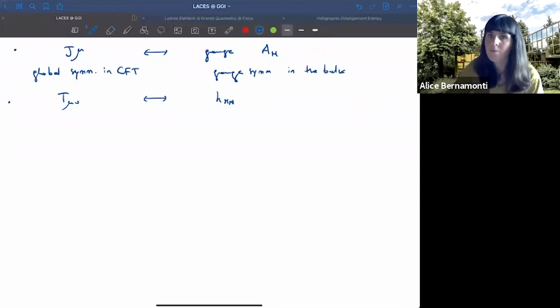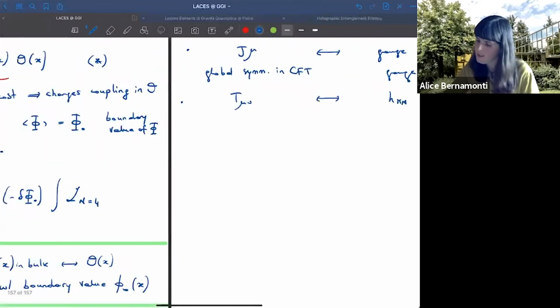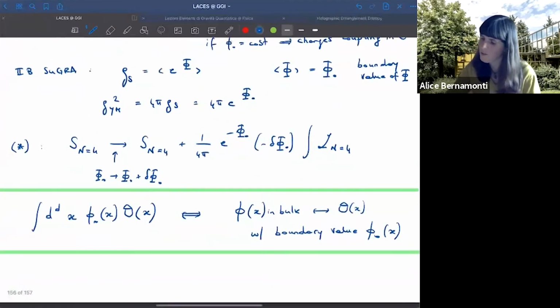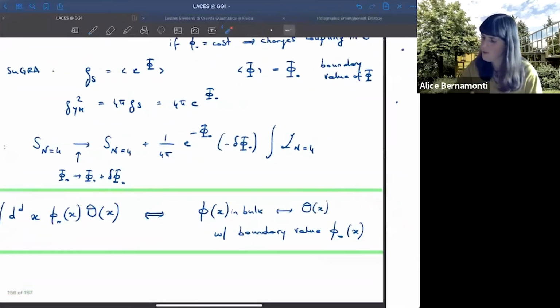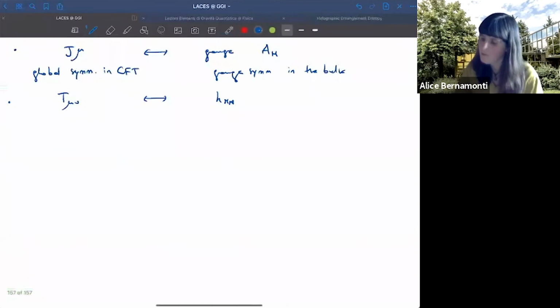But since I'm going a bit slow, I will skip these arguments. So let's just trust that this relation, for which we saw some heuristic argument for scalars, can be similarly extrapolated for currents and for the energy momentum tensor.